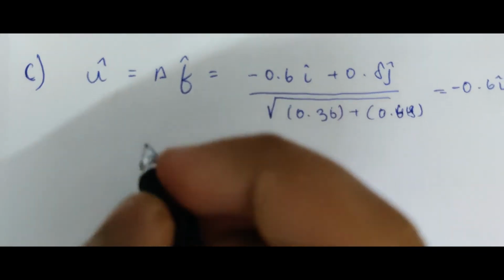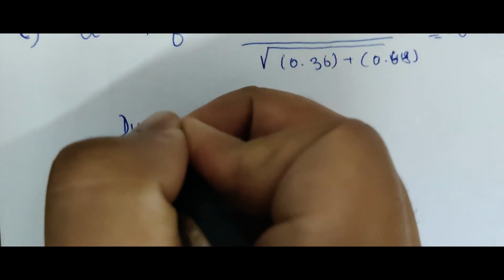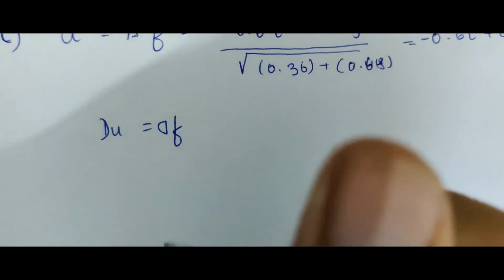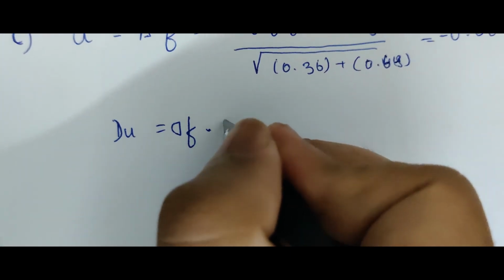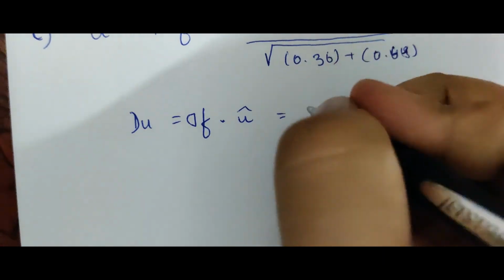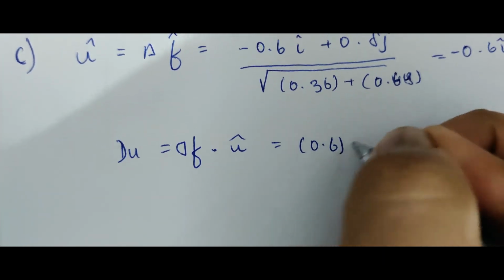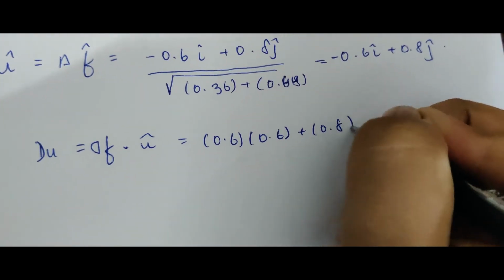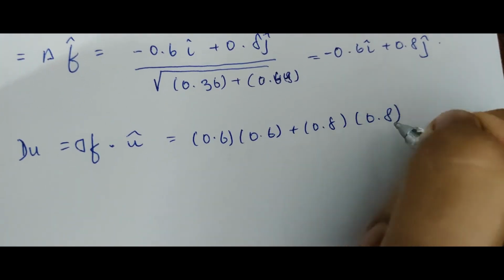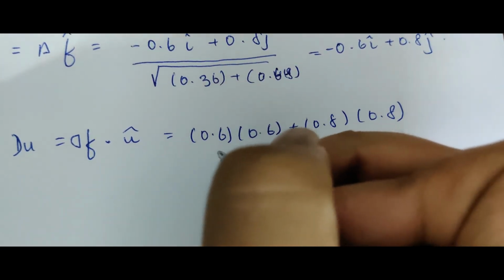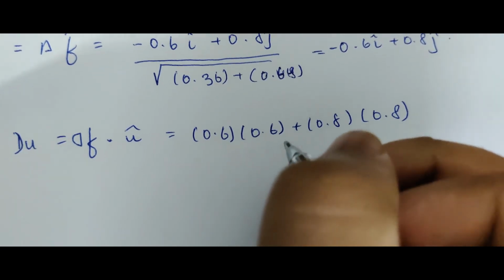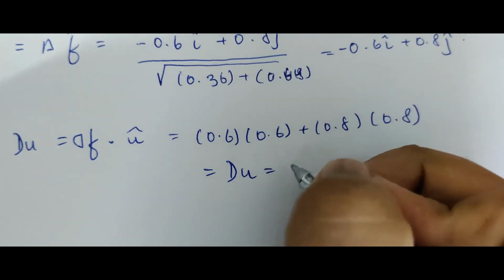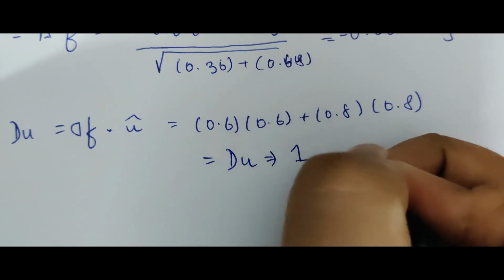Now for the directional derivative Du, which is the gradient dotted with the unit vector, that will be 0.6 times 0.6 plus 0.8 times 0.8, so Du will be equal to 1.